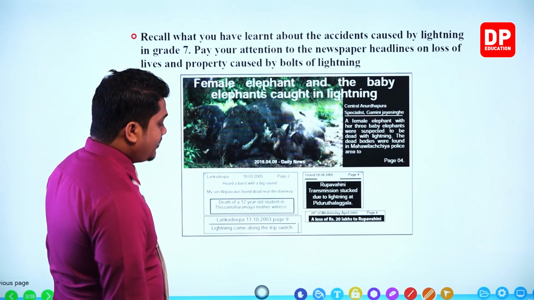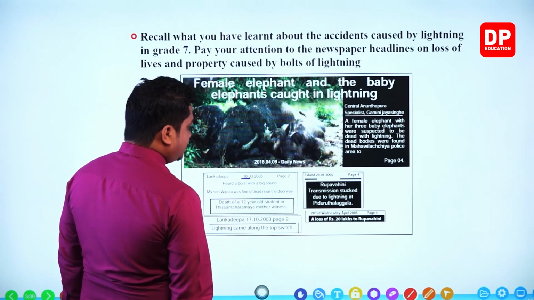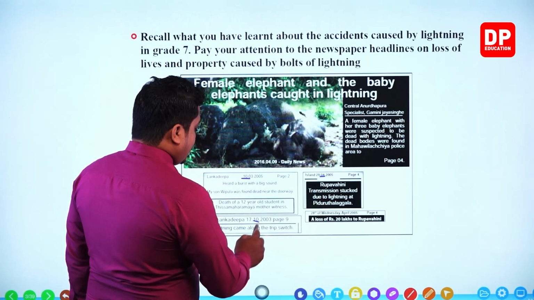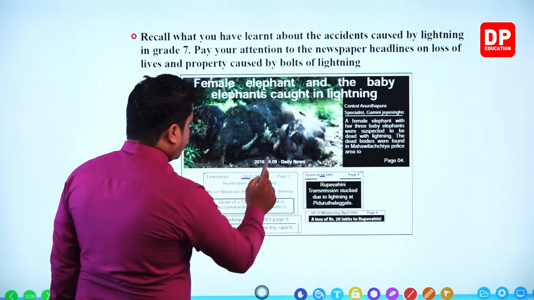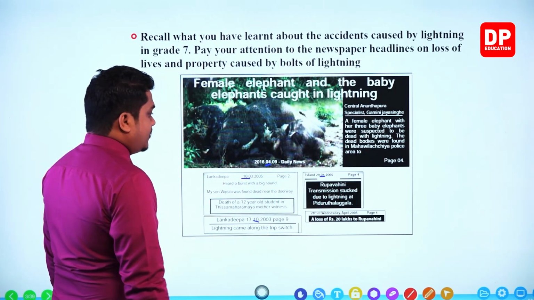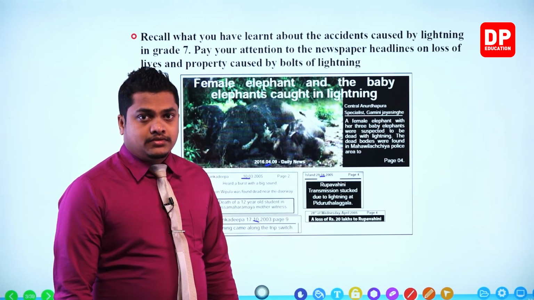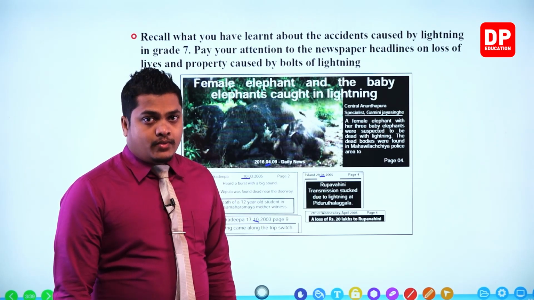See, here the month is 10th. Here the month is 4. Here the month is once again 10. And here the month is given under here, see, 4. So in the 10th month and 4th month, lightning strikes are more frequent.